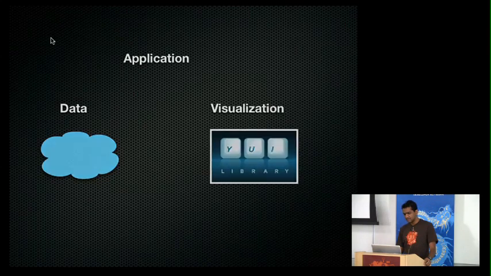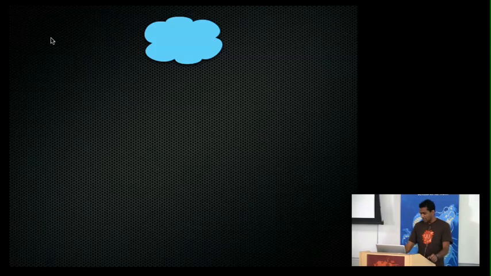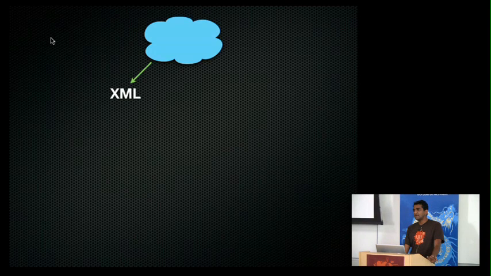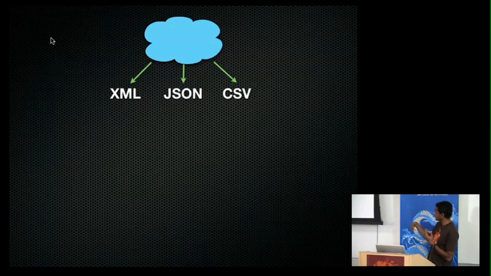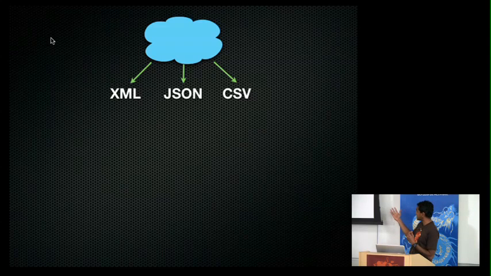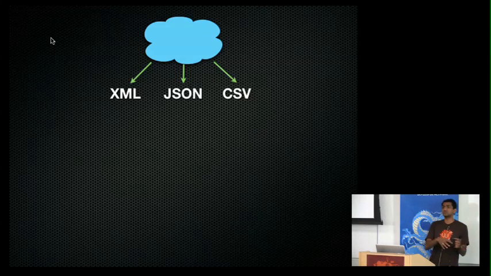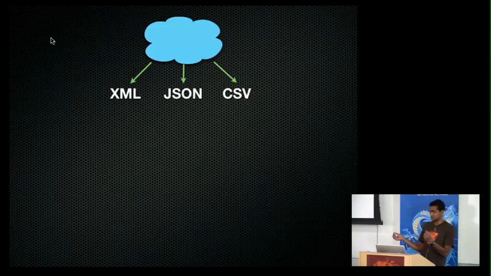So let's look at what happens when you're trying to build an application with web services across the internet. Now you realize that data is available in multiple different formats. It's available in XML when it comes to RSS feeds, Atom feeds, etc. You have JSON data, some web services which only return JSON data, whereas some web services return only CSV data, for example.